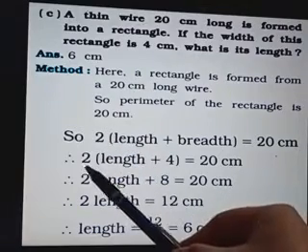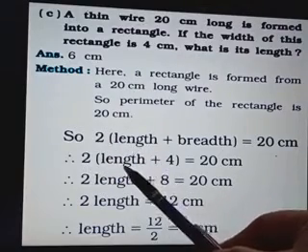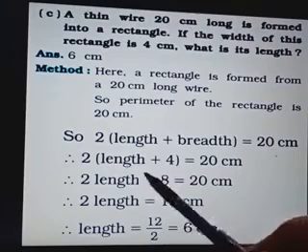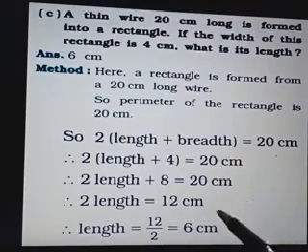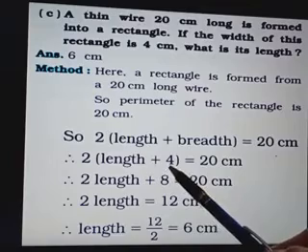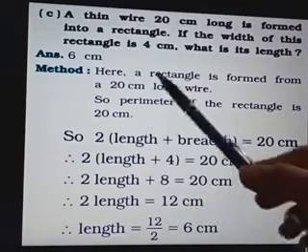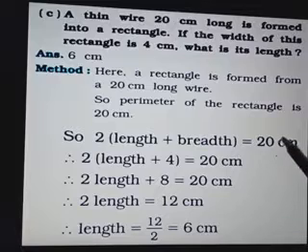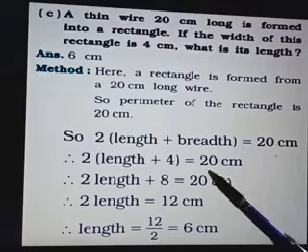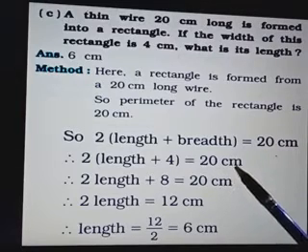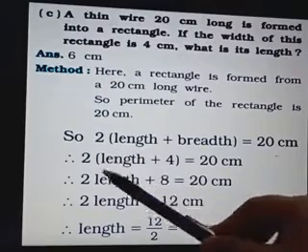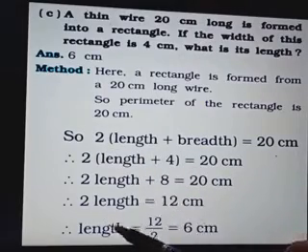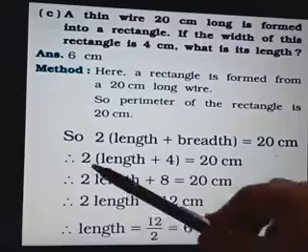Now we will put the values in it. 2 as it is. Instead of length we will write length again, because length we have to find. Instead of width we will keep 4, because it is already given in the question that the width is 4 centimeters, and the total perimeter is 20 centimeters. Now when you open this bracket, it will be multiplied as I have told you.